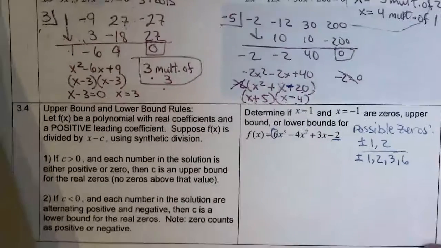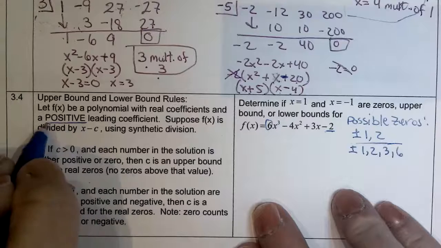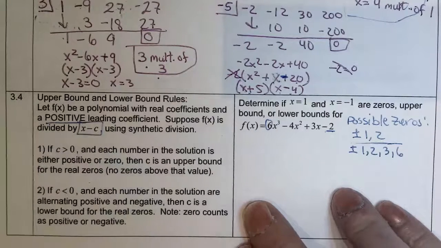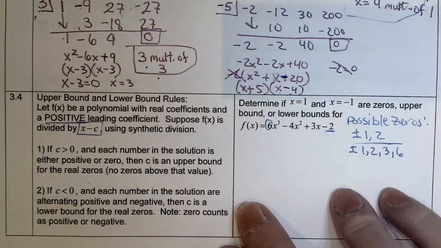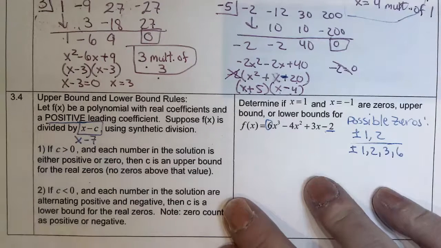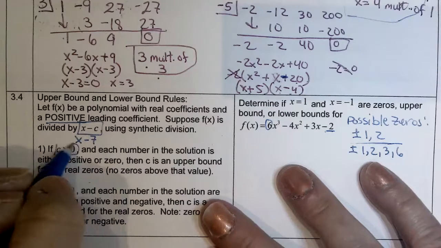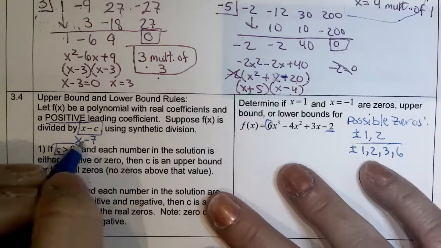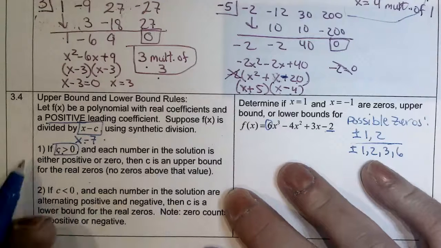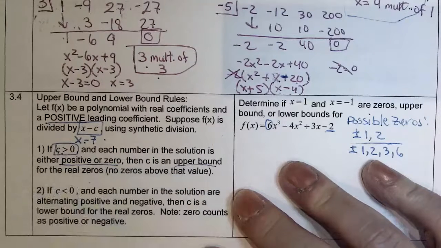So we're going to start looking at upper and lower bounds. If I have a polynomial with a positive leading coefficient and I divide by some value, x minus c, so that's going to be my factor, like x minus 7, then I know that if my c value is positive, and each number in the solution is either positive or 0, then c is an upper bound.